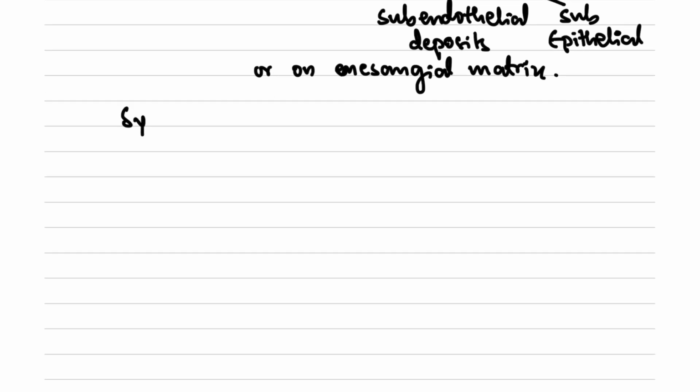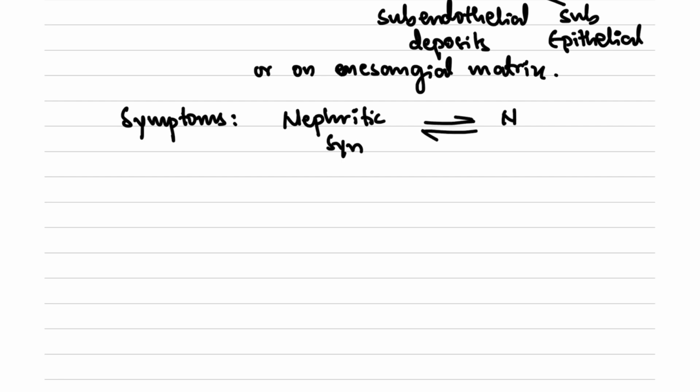The symptoms of a patient suffering from MPGN type 2, the dense deposit disease, will vary, alternating between nephritic syndrome and nephrotic syndrome features. The basic difference will be hematuria with hypertension.